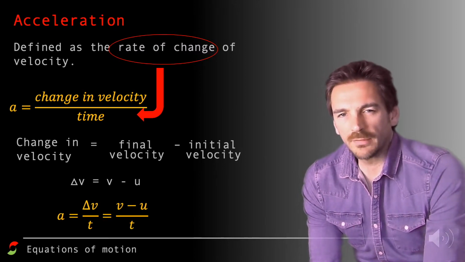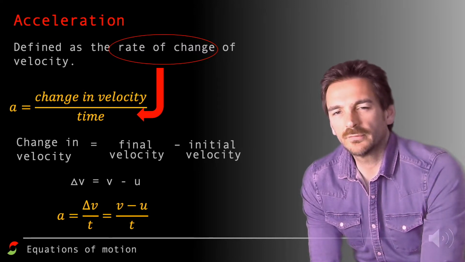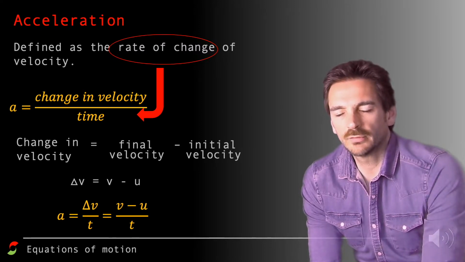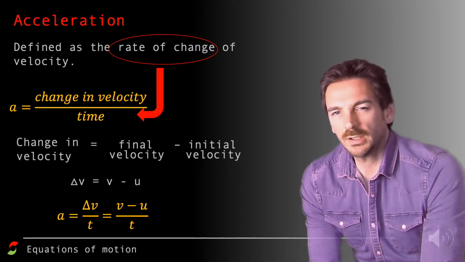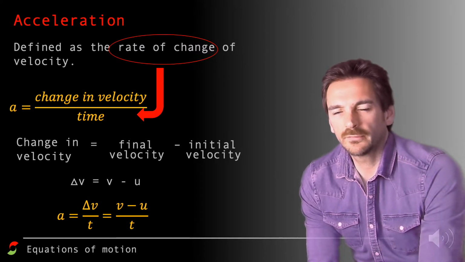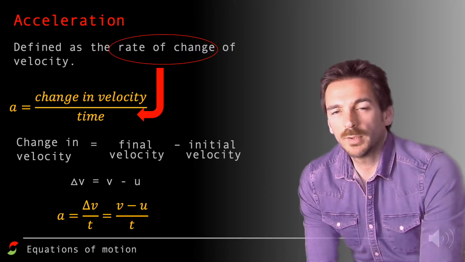Put that all together, and you might see acceleration as delta v over t, change in velocity over time, or you might see it as v minus u over t, where v is final velocity, u is initial velocity, and t is the time between the two. All of those are different ways in which this equation could be presented to you.